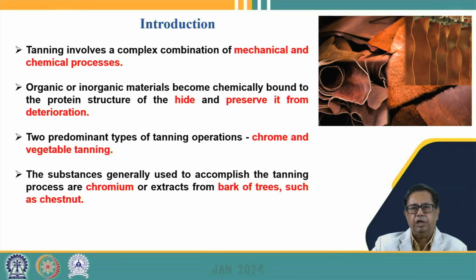In chrome tanning, as the name suggests, we use chromium salts so that the tanning process is accomplished. Similarly, for vegetable tanning, we use extracts obtained from the bark of trees, for example chestnuts, or we can also use certain plants so that we can tan the leather by vegetable tanning.